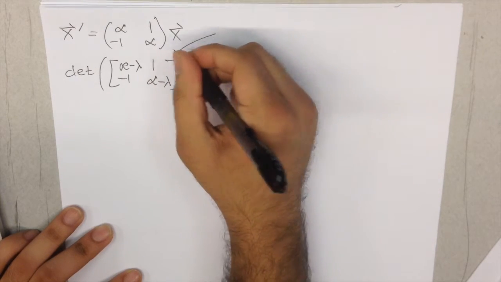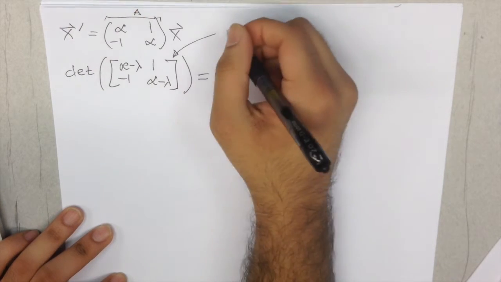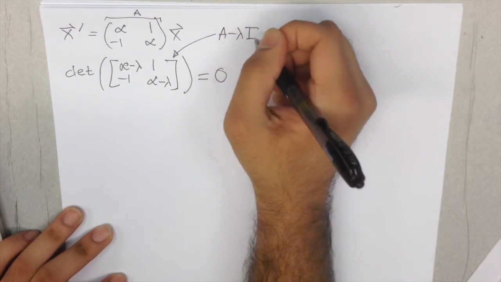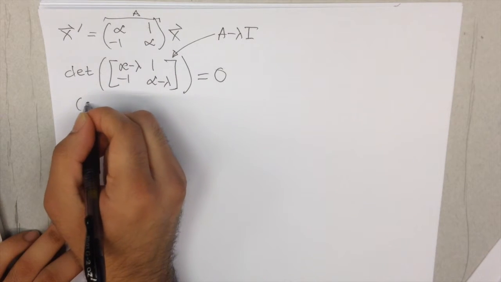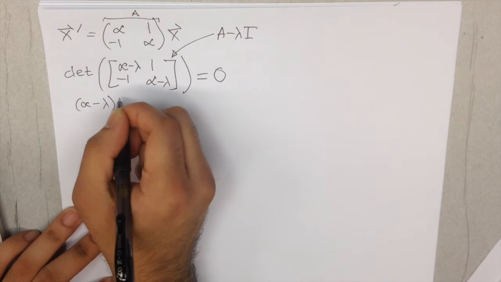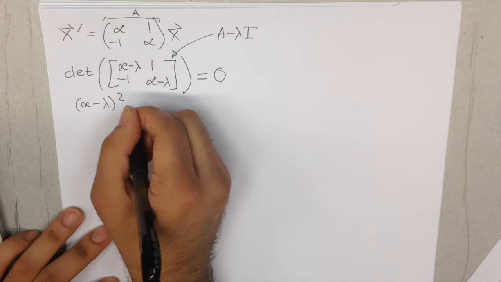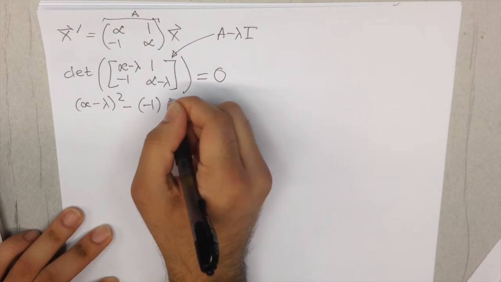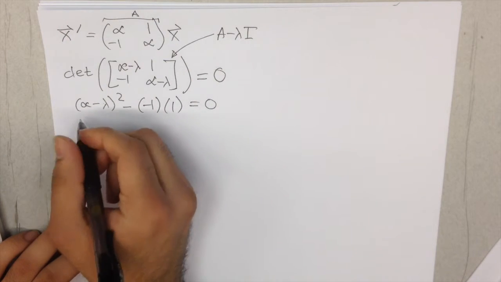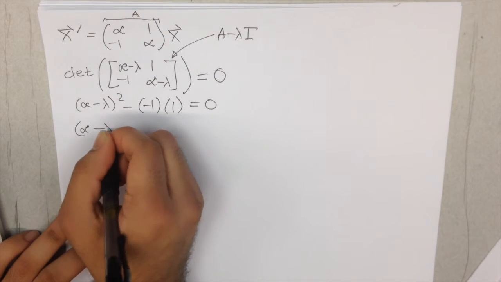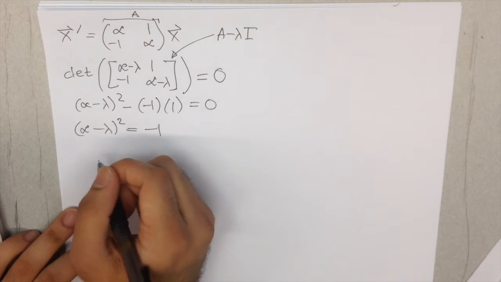And this matrix that I did here, say this is A, this is A minus lambda I. So then when I multiply it out, I get alpha minus lambda squared minus -1 times 1 is equal to 0. If I move over to the other side, I'll get -1.